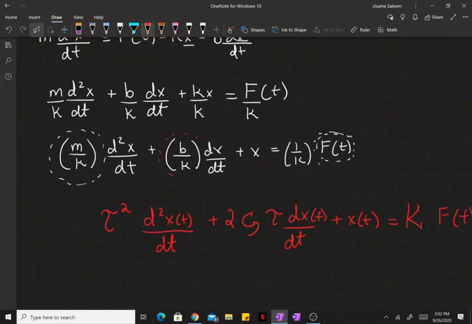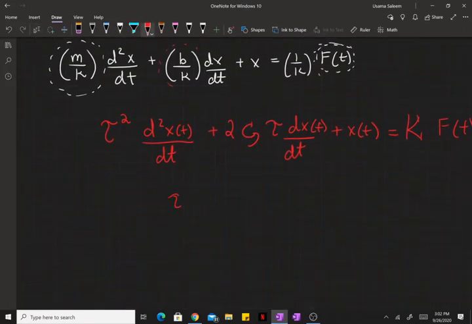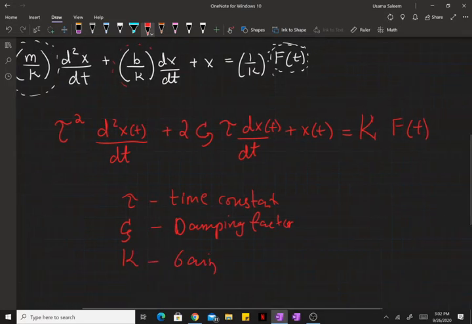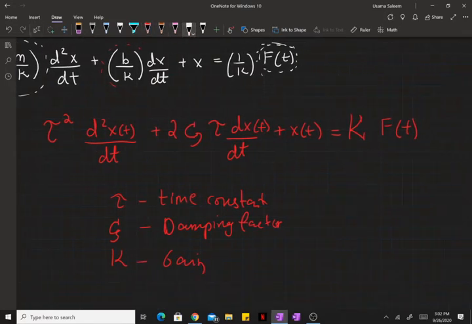So from a physical standpoint, for a second order model, the time constant tau, the damping factor eta, and the gain of the process all derive their physical significance from a vibrating system.